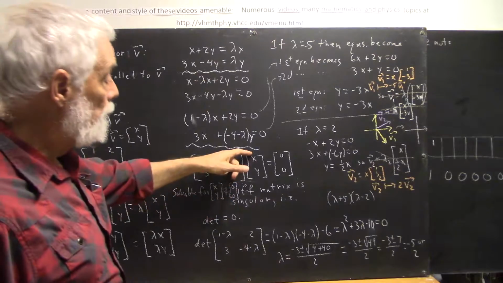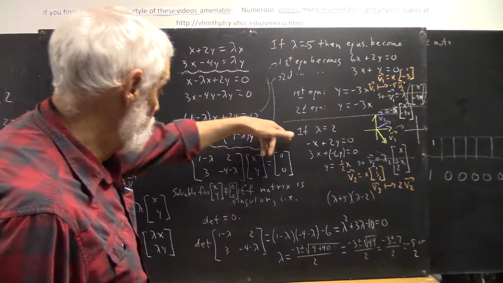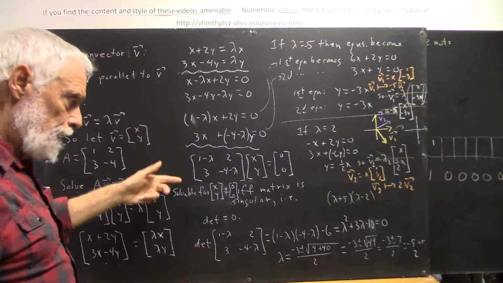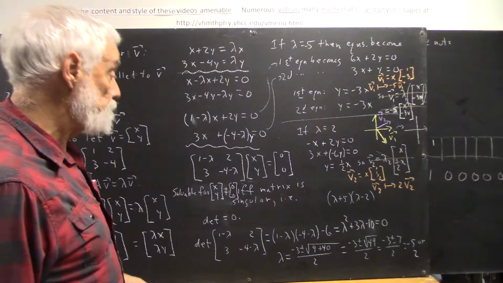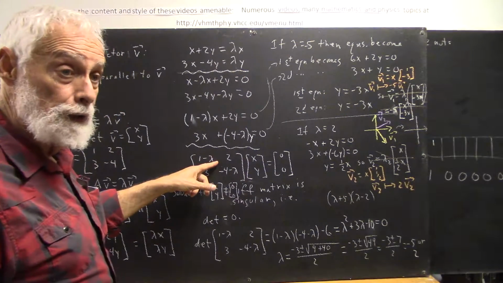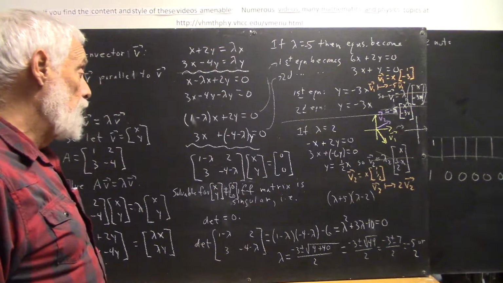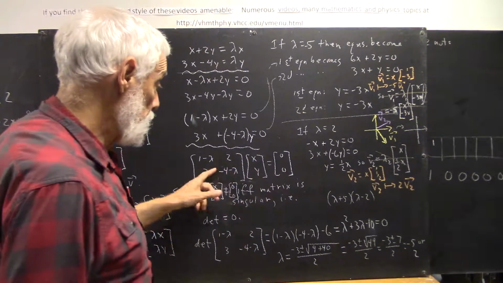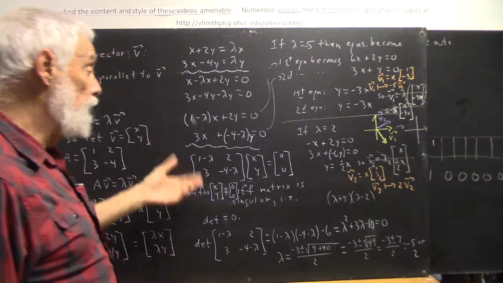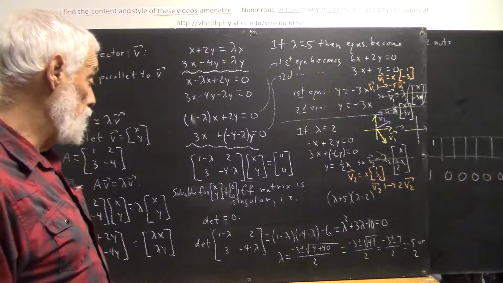We're trying to find non-zero x and y that make this true. Again, this happens if and only if this matrix is not invertible.